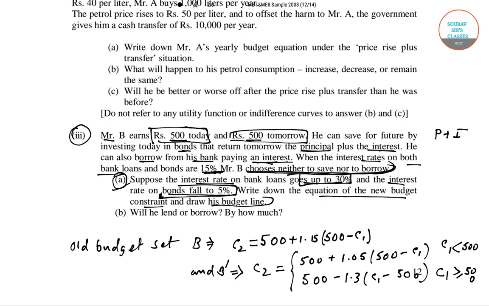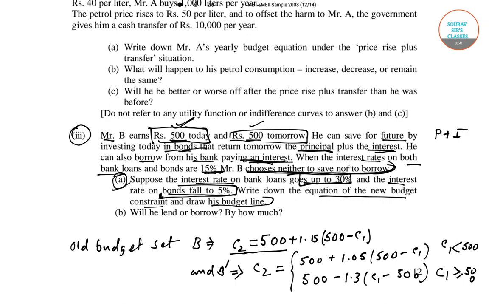Now how do we get it? For C2 equal to 500: as you can see, B earns rupees 500 today and 500 tomorrow. He can save for the future by investing today in bonds that return tomorrow the principal plus interest. He can also borrow from the bank by paying an interest.